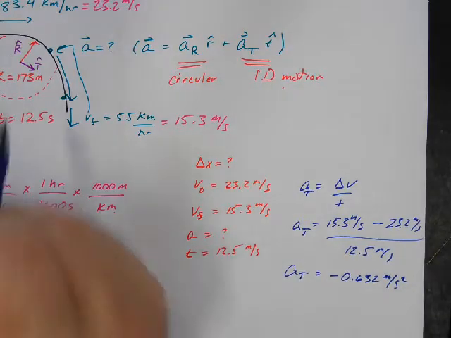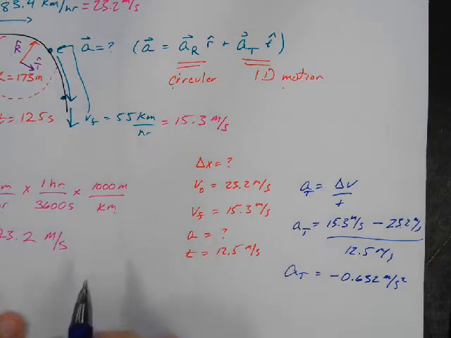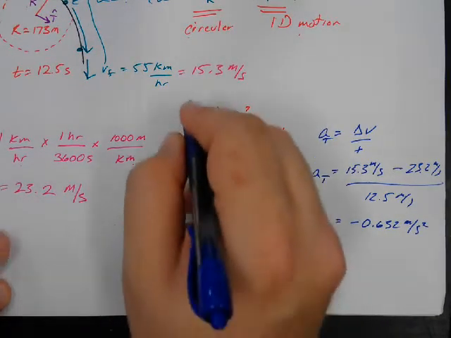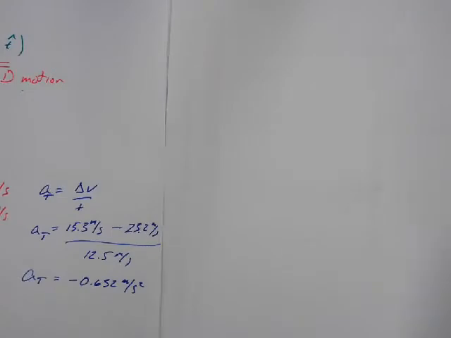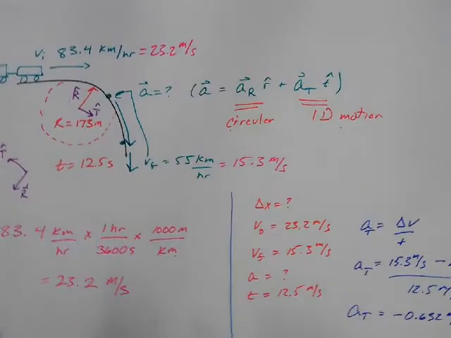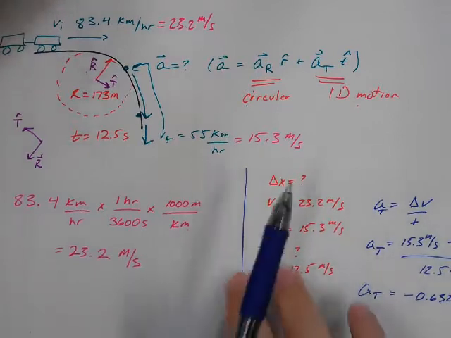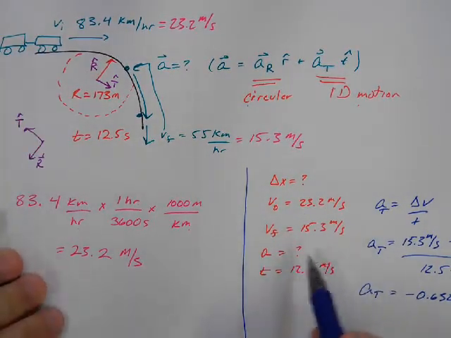Now, for the radial bit, we have to apply our circular motion for that. Right, so we come down here and say, well, in the radial direction, actually, let's just get new paper for this. So slide a sheet off to the side here. So in our radial direction, we have to take from our information here that we have a curve and we have some velocity that we care about.